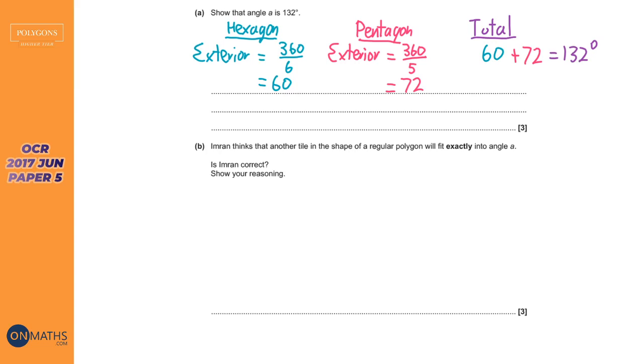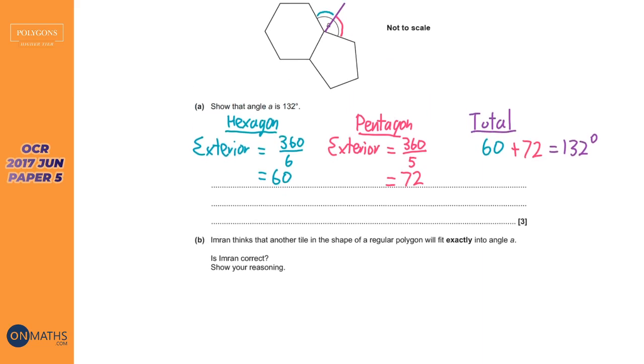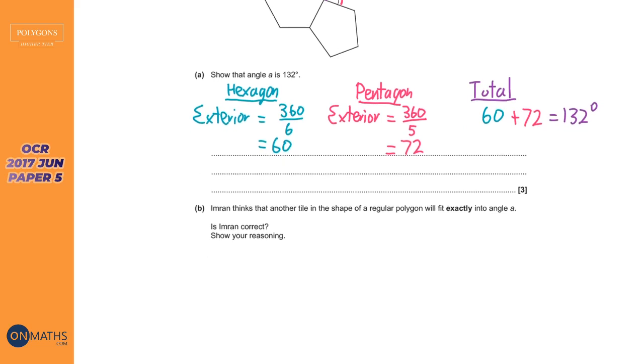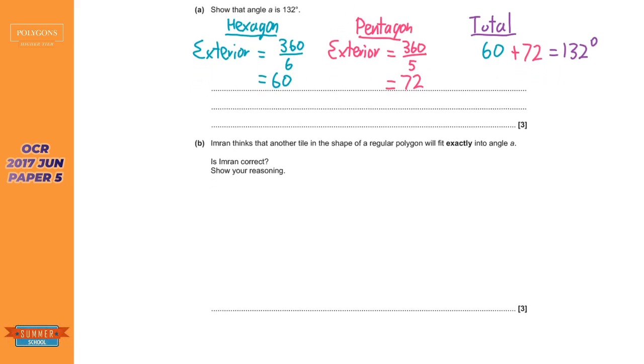It says Imran thinks that another tile in the shape of a regular polygon will fit exactly into angle A. Is Imran correct? Right. So the angle that we've got in angle A is 132, which it gives us in the question as well, so we know it's right. And we've got to figure out whether a polygon can fit with an interior angle of 132.